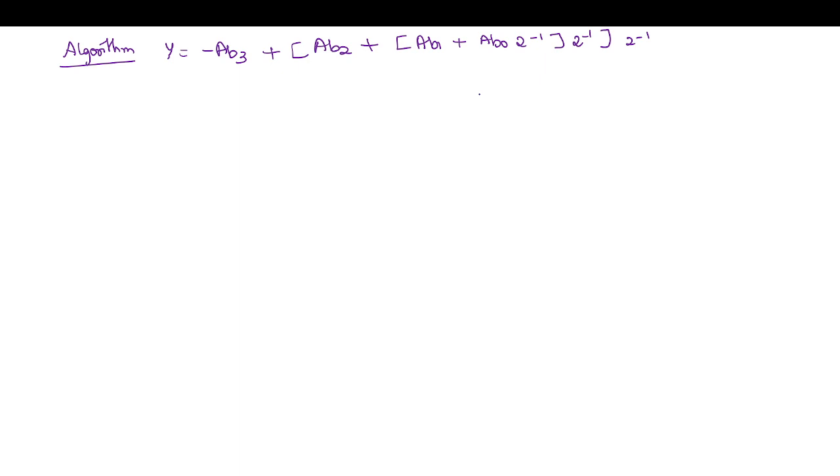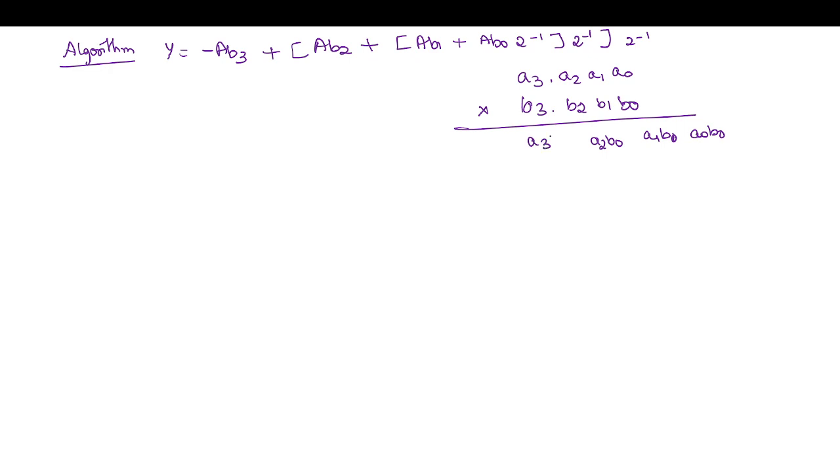Now, if I want to implement this, then A3, A2, A1, A0 is multiplied with B3, B2, B1, B0. First will be A0 B0, A1 B0, A2 B0, A3 B0. The next term will be A0 B1, A1 B1, A2 B1, A3 B1.